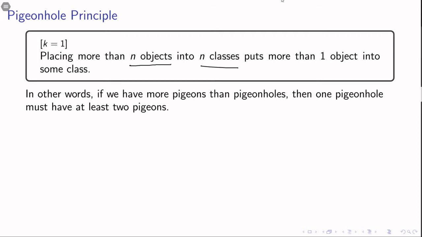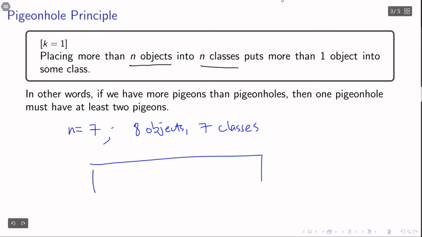And so I'll give you an example again. What if n is equal to 7, right? So let's say we have 8 objects and 7 classes. Well, that means one of the classes will have more than one object. And in fact, note here that we're not saying that there's exactly 2 in one class, right?